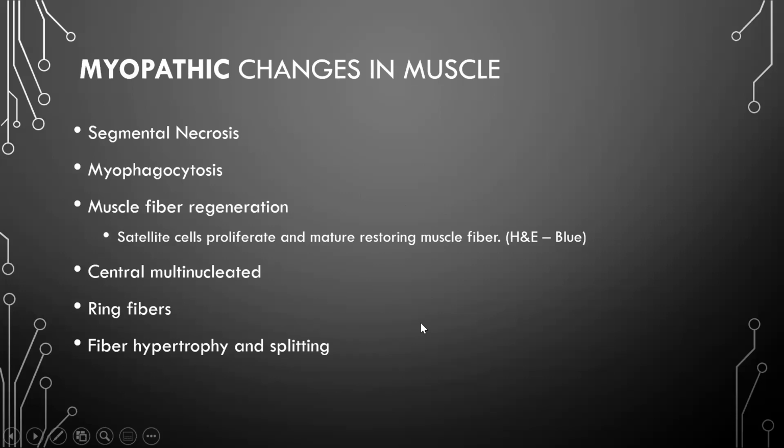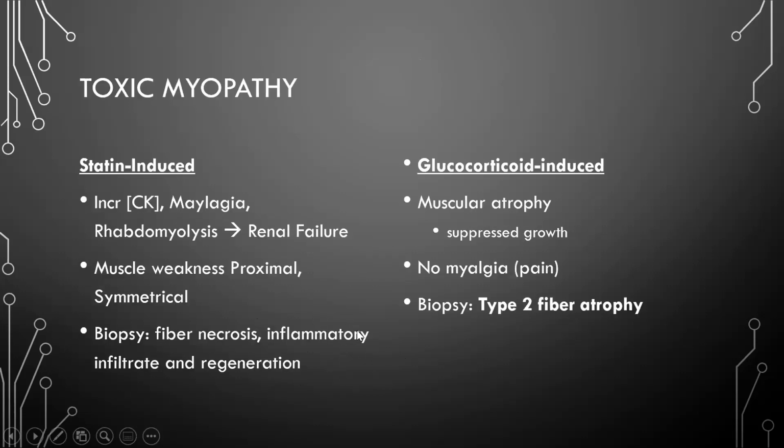So they're going to be those dark blue, kind of smaller fibers that are regenerating, and we'll see an example of that coming up. Central nucleated, multinucleated cells, just know ring fibers and fiber hypertrophy, and this would be like working out, some of those bodybuilders. You don't really need to associate a picture with that.